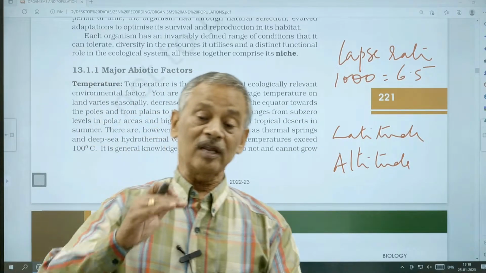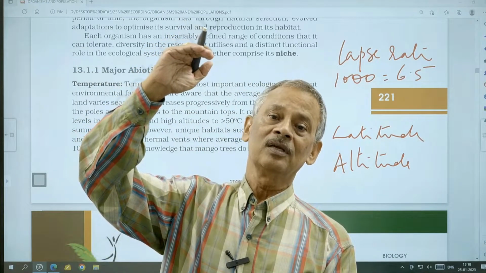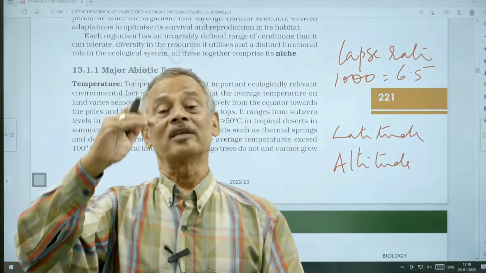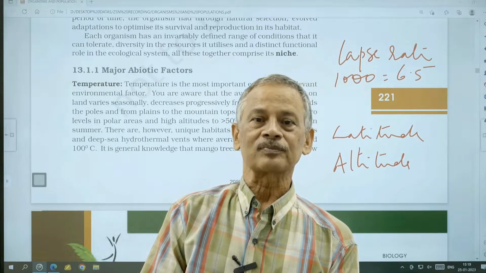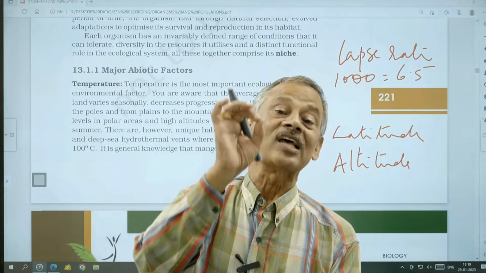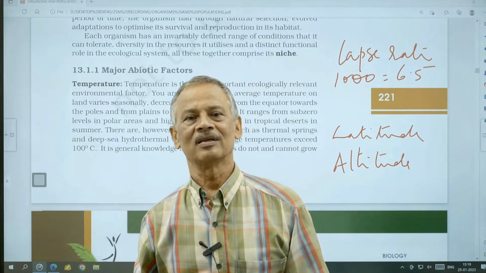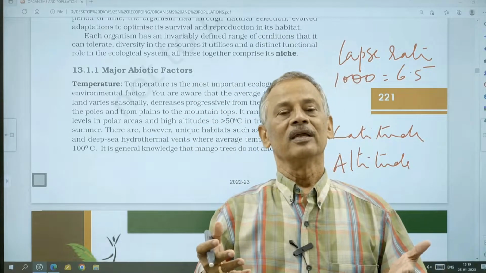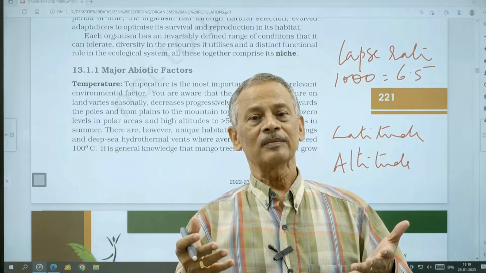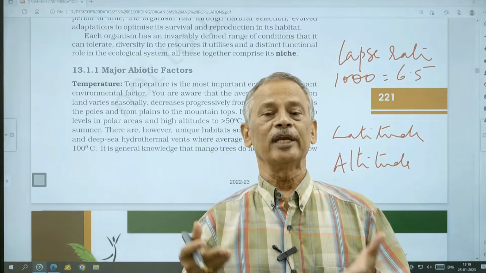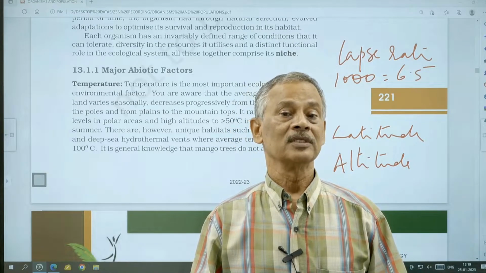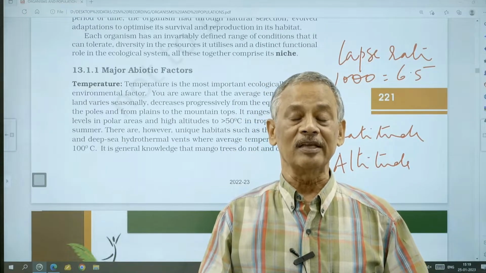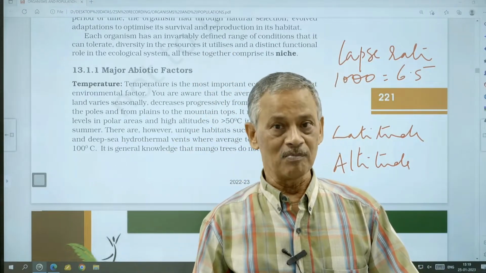Because when temperature increases, the rate of metabolic reaction increases because of enzyme kinetics. When temperature increases, say from 0 degree to 10 degrees, the rate of metabolism doubles. Again for another 10 degrees, it doubles again.